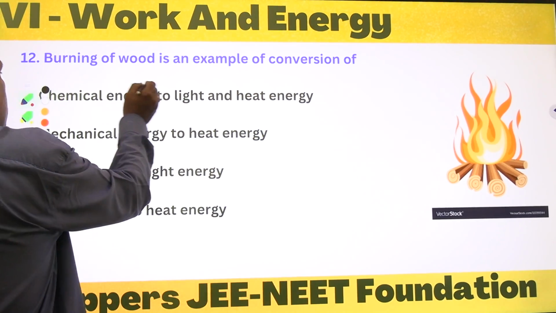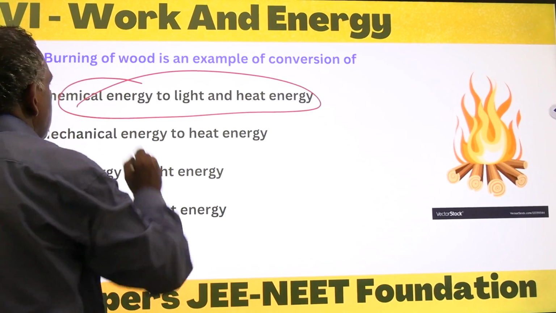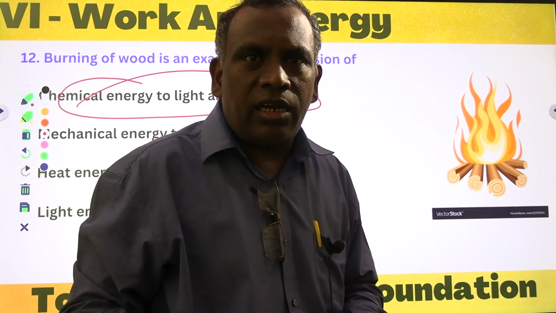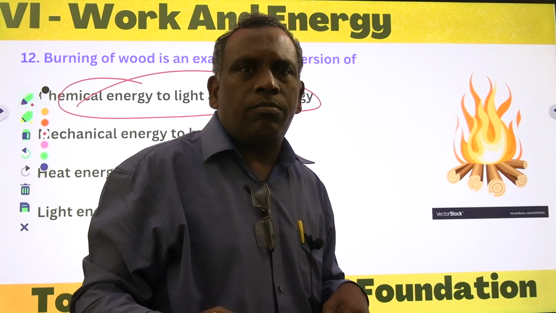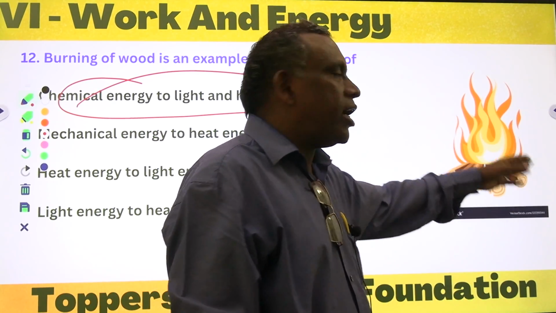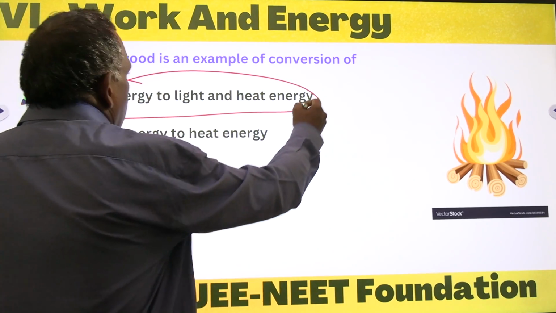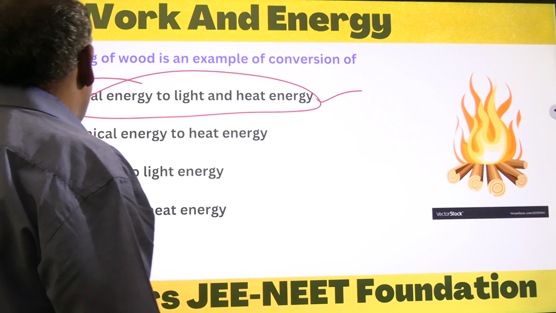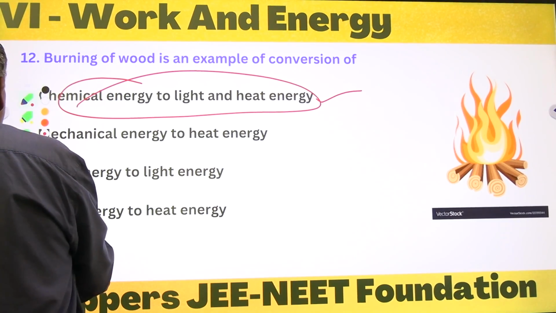The right option is option A, chemical energy. Coal is in chemical form, and when it burns it is converted into light and heat energy. That's why option A is correct. The remaining options are not correct. So that is the 12th question.